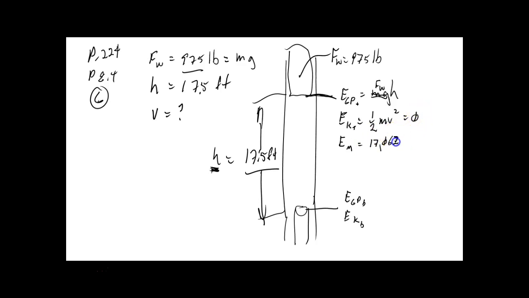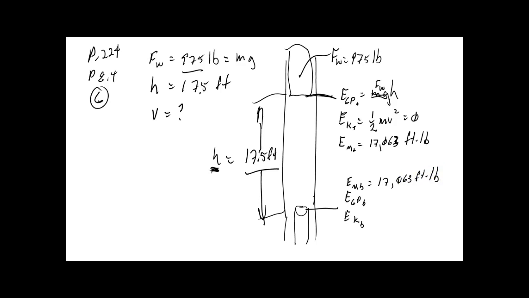Okay, let's make it 63 then. And that will be in foot pounds. No fancy unit here, foot pounds. That's mechanical energy at the top. Guess what? That's also the mechanical energy at the bottom because mechanical energy is conserved. 17,063 foot-pounds. Mechanical energy is conserved.